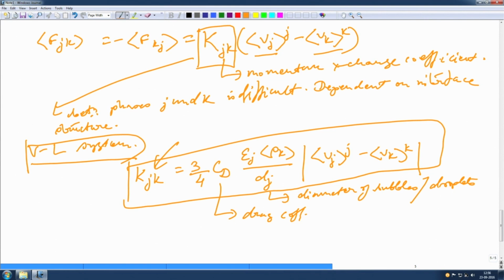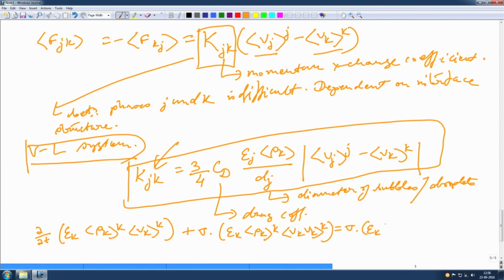Now, if we assemble the full momentum equation, and this is just one example that we gave, the whole momentum equation becomes this.